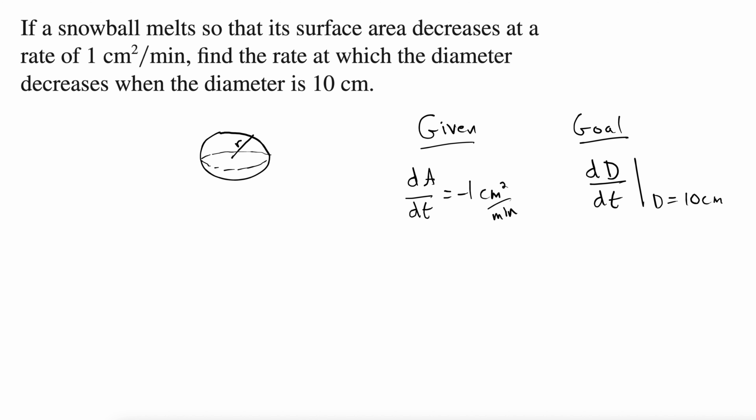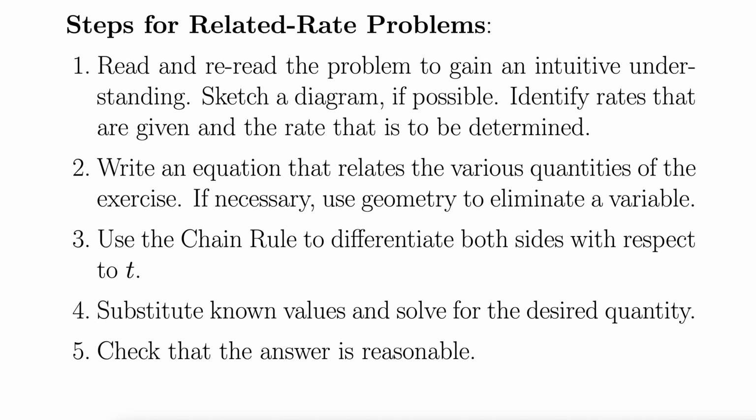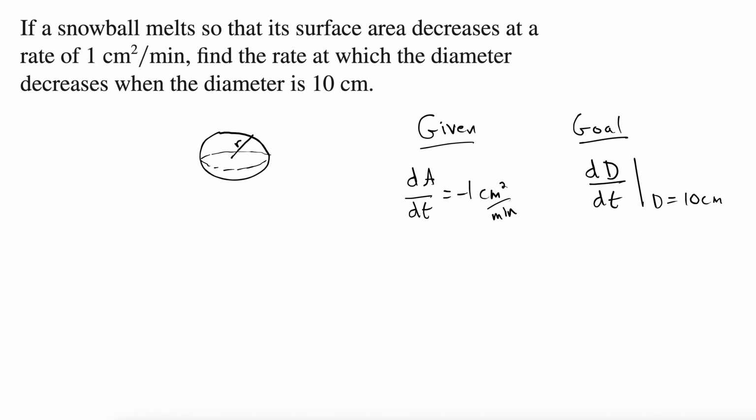Let's check back in with our steps for step 2. Step 2, write an equation that relates the various quantities of the exercise. If necessary, use geometry to eliminate a variable. Well, we should know the equation for the surface area of a sphere: A equals 4 pi r squared.